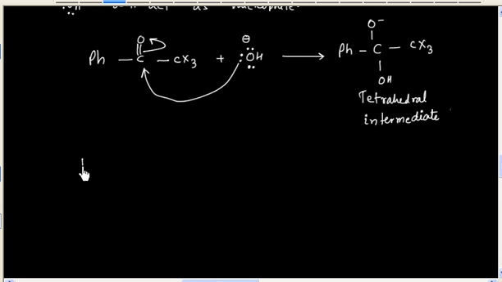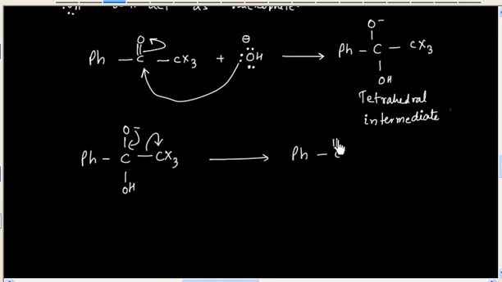Now in the next step, we can lose a leaving group, so return back and this goes. So this step is simply loss of a leaving group.